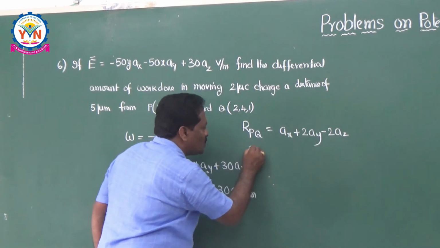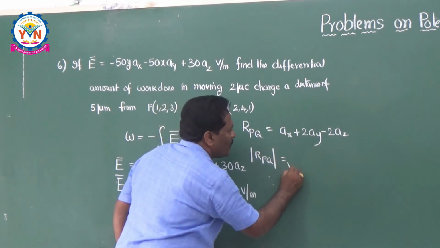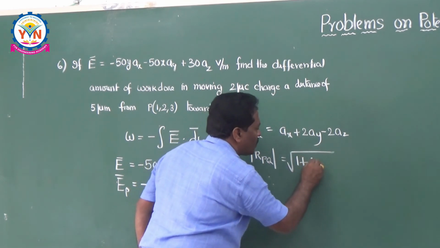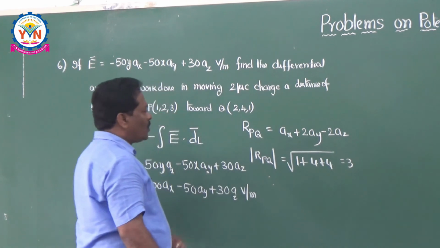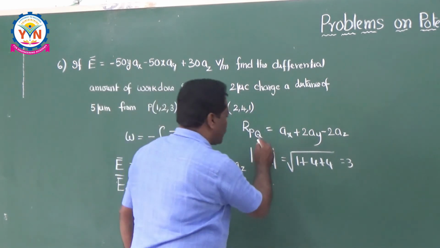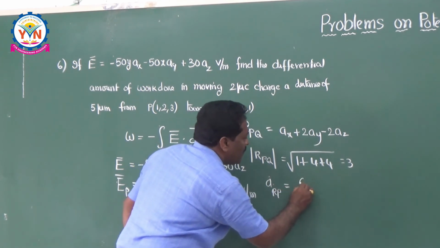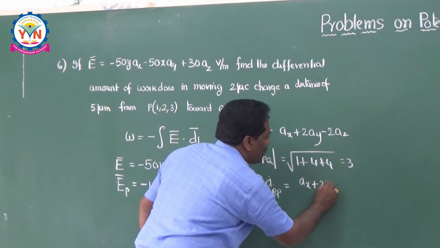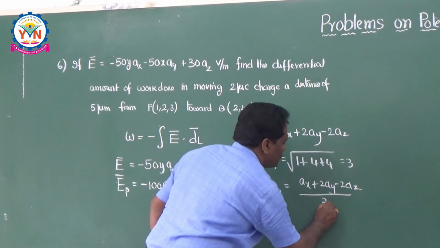So what is the magnitude of this? RPQ is equal to root of 1 plus 4 plus 4, that means root 9, that is equal to 3. So what is the unit vector here? Unit vector ARPQ is equal to Ax plus 2Ay minus 2Az divided by 3.